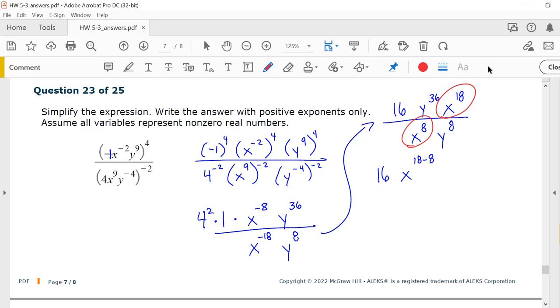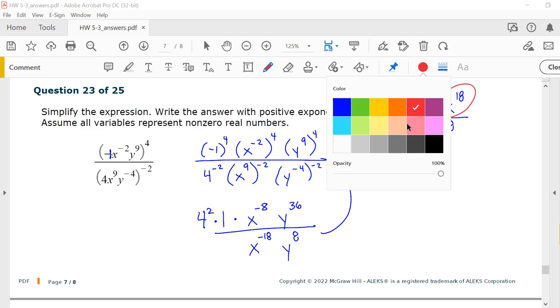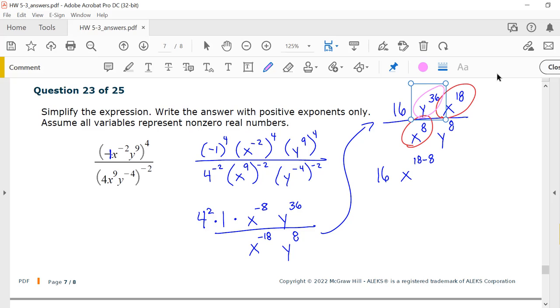That takes care of these two. Then I have y's. So I get y to the 36 minus 8. So my answer is 16x to the 10th, y to the 28th.